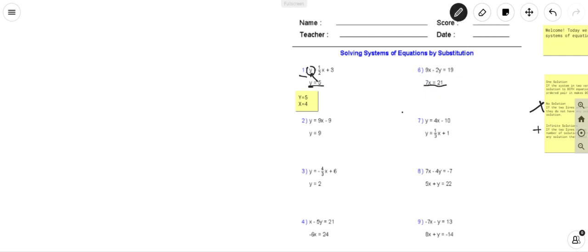If you see 7x equals 21, you can do something to simplify this a lot. You can simplify equations by themselves, but you have to do it to both sides.